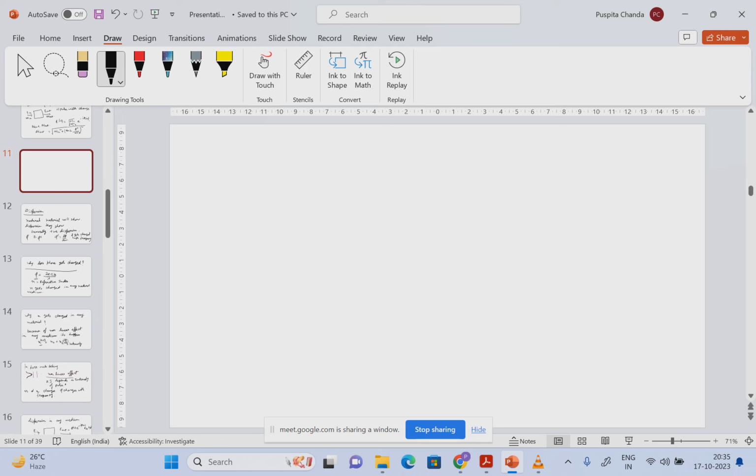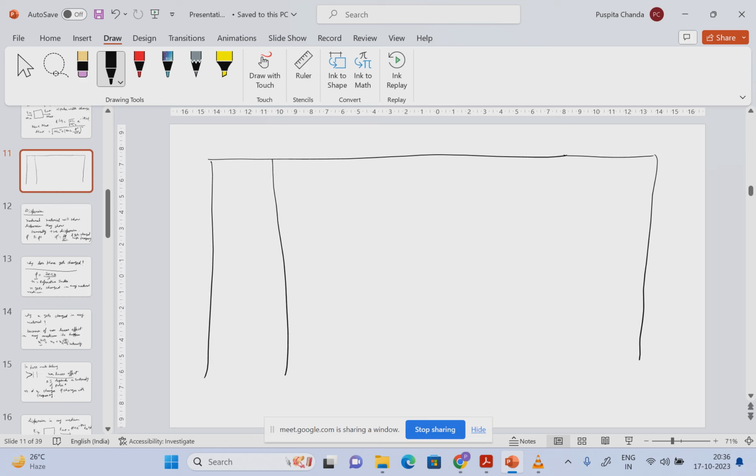Understand how much change is there. And all this is in femtoseconds.